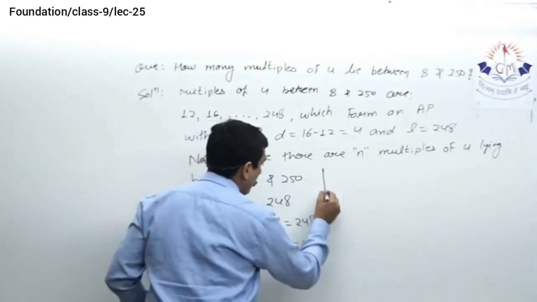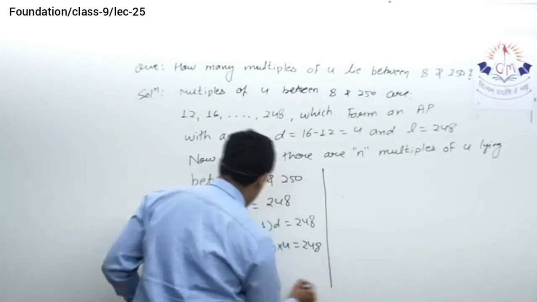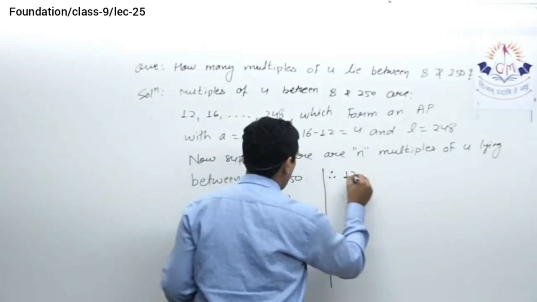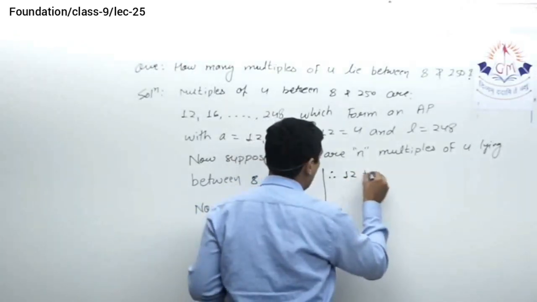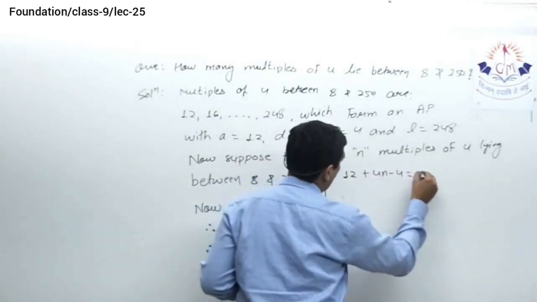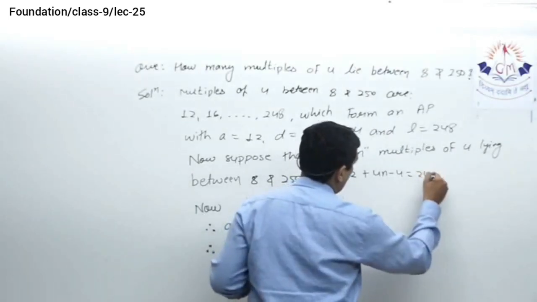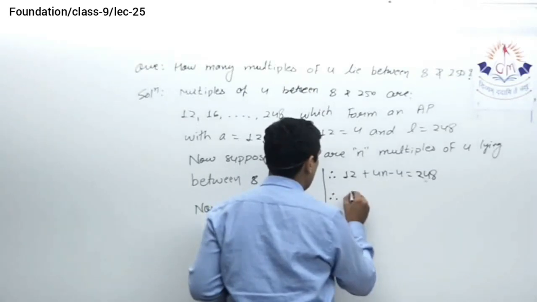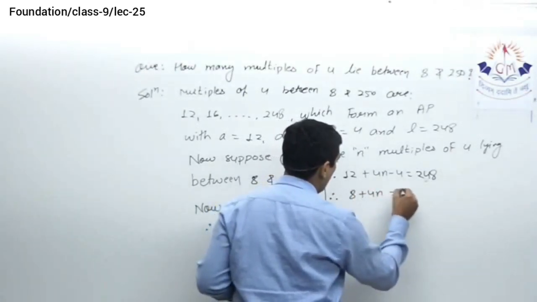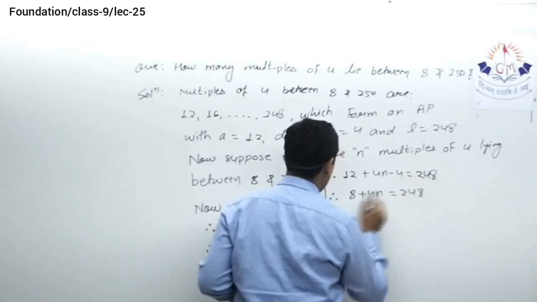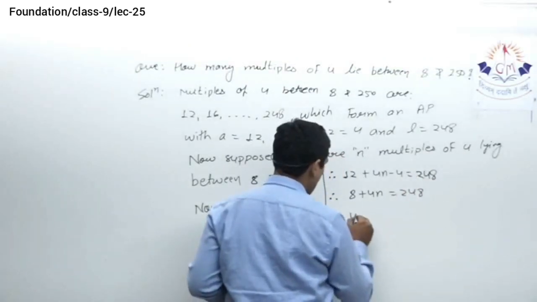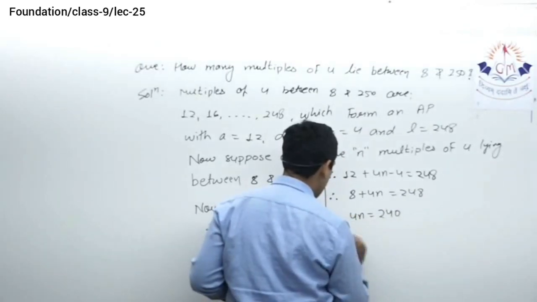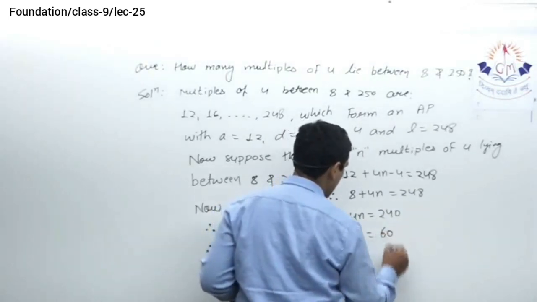Now solve it further to get the value of n. So I can write 12 plus 4n minus 4 is equal to 248. Therefore 8 plus 4n is equal to 248. Therefore 4n is equal to 240, and hence n is equal to 60.